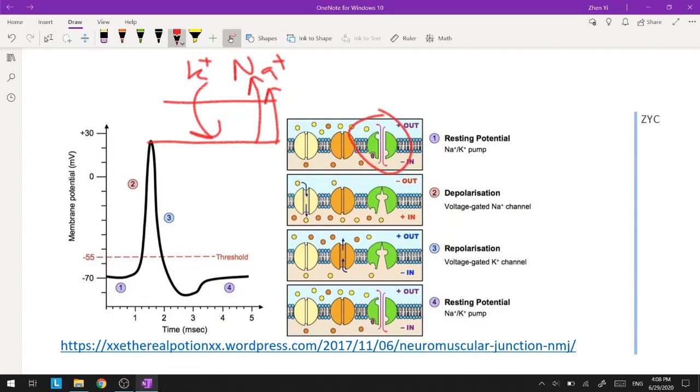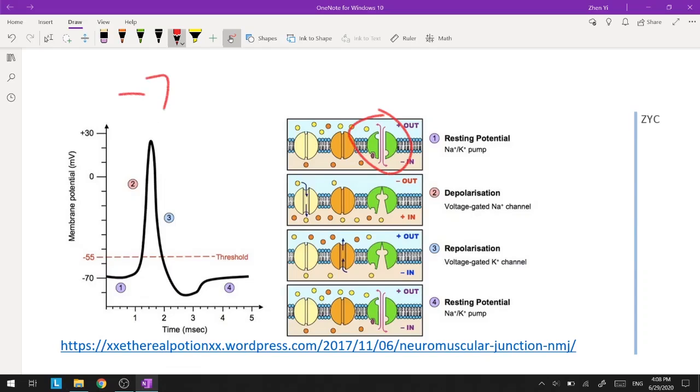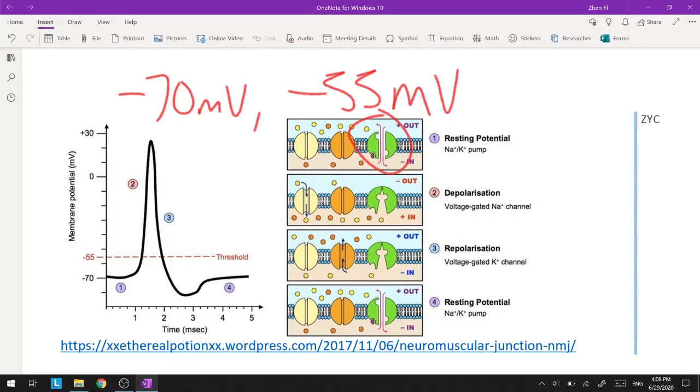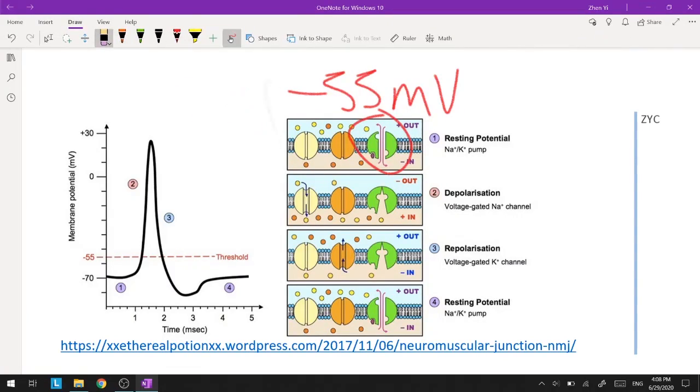The reason the membrane potential fluctuates between minus 70 millivolts and minus 55 millivolts is a not strong enough stimulus that has not yet surpassed the threshold of minus 55 millivolts, specifically within a motor neuron that is connected to a muscle fiber.